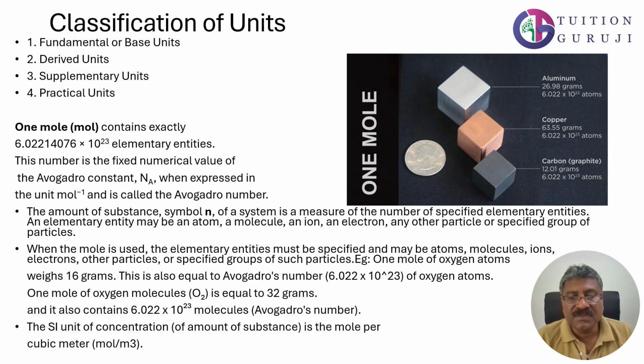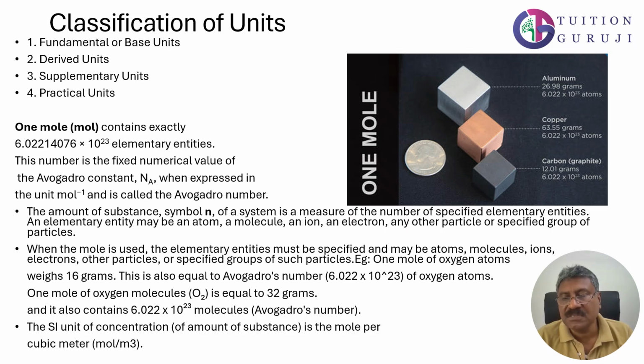1 mole of oxygen means 16 grams, which is the atomic mass. 1 mole of aluminium is 26.98 grams, which is the atomic mass, and it will contain 6.022 into 10 raised to 23 atoms. 1 mole of copper will contain 6.022 into 10 raised to 23 atoms, and that means 63.55 grams.